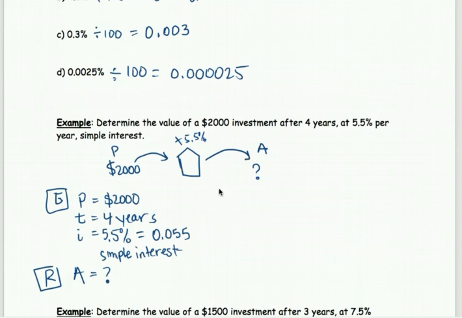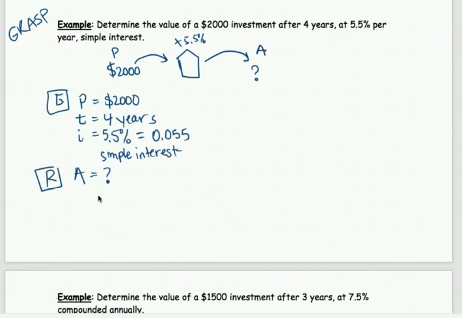I'm going to call this the GRASP method, if you're wondering what I'm doing here. Given, required, and now step A, which is your plan. What is your plan for solving this problem?